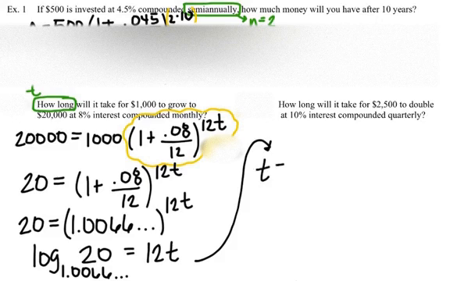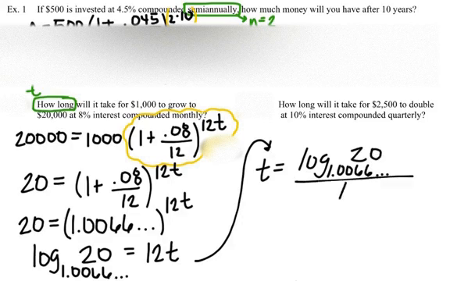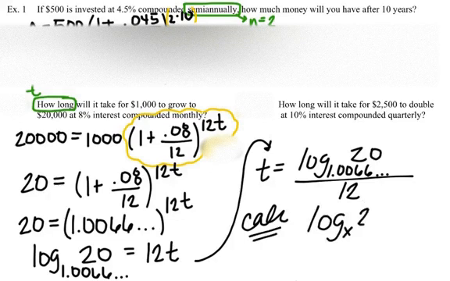So t is going to equal log base 1.0066 ... of 20, all divided by 12. But when you actually put this in your calculator, you're not going to type all of those decimals. You're going to type log base x of 20, all divided by 12, because we stored this decimal as the variable x on our calculator.